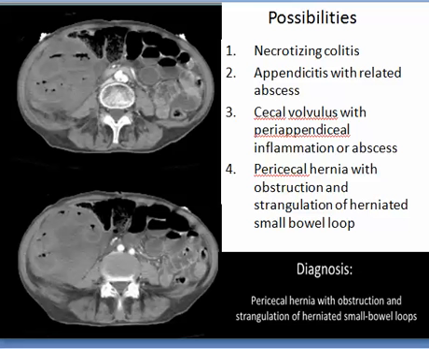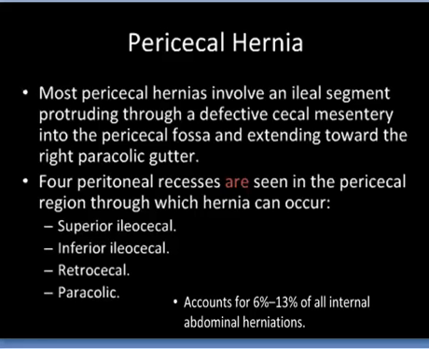But first, exclude that this is a bag of pus, an abscess, or a cecal volvulus or necrotizing colitis, because there is air near the walls. Pericecal hernias involve an ileal segment protruding through a defective cecal mesentery into the pericecal fossa and extending downwards into the right paracolic gutter.